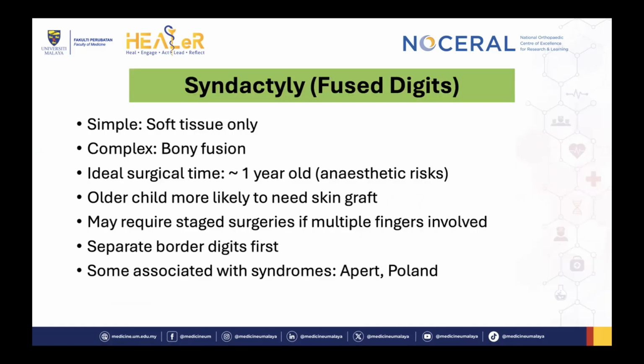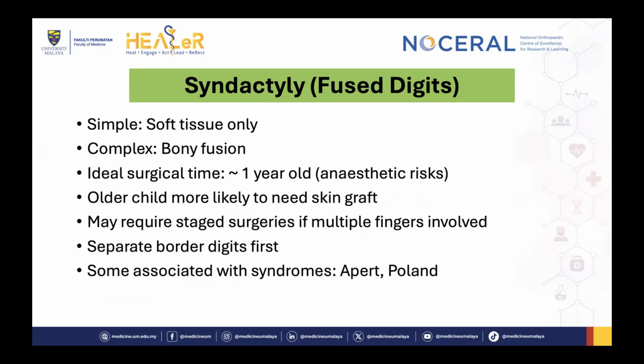Syndactyly, another common one, is what we call fused digits. It can be simple, just soft tissue, or complex, involving the bone as well. The ideal surgical time is actually 6 months because the child is smaller and the soft tissue has more skin, so there's less chance that you will need a skin graft.